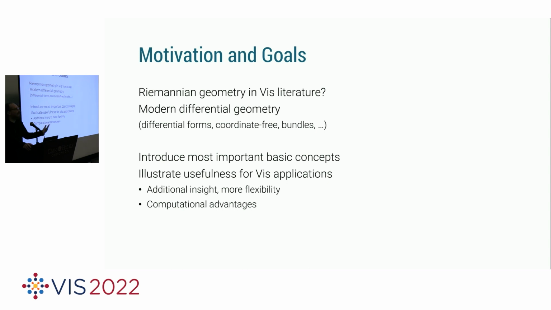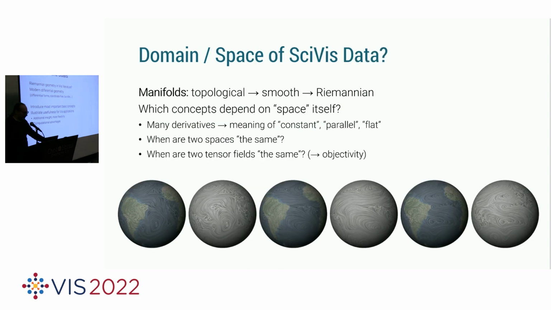But also there are some computational advantages. For example, if you compute geophysical fluid flow on the surface of the Earth, you can either do that in 3D space with 3 components per vector or in 2D space on the sphere with 2 components per vector. And especially if you compute a large vector field, of course, it's beneficial to do that with 2 components instead of 3 components and so on.